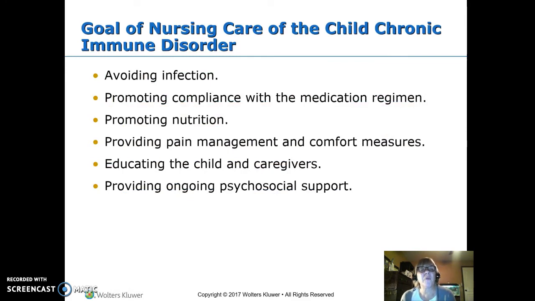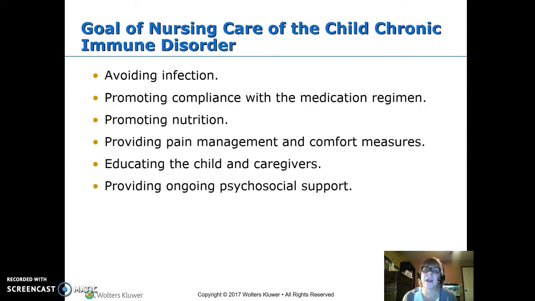So our goal for a child who has some sort of immune disorder, well, the big one is avoiding infection, right? They can't fight off an infection, so they get sick just much more easily. Keeping them compliant with their medications, promoting nutrition. They need good nutrition to have any kind of immunity, right?